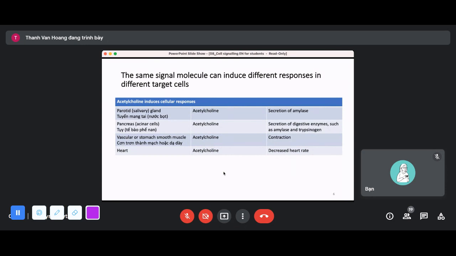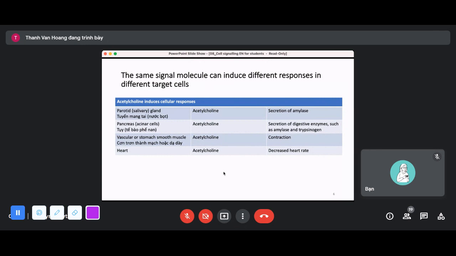And in the heart muscle, we have heard before that acetylcholine makes our heart beat more slowly, right? And in Vietnamese, we have a term căng da bụng, trùng da mắt, đúng không? So if you imagine when we eat a lot, so we are full, and acetylcholine is secreted, our body concentrates on digestion, right?